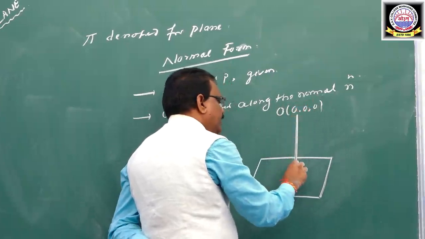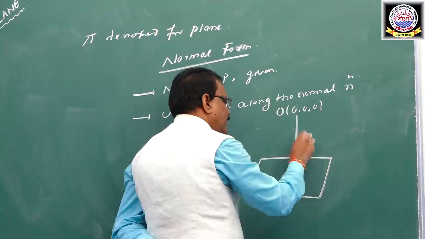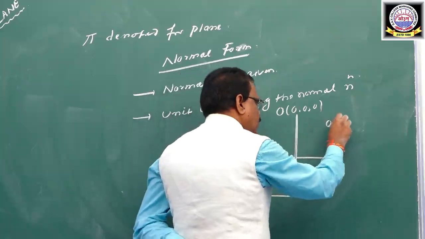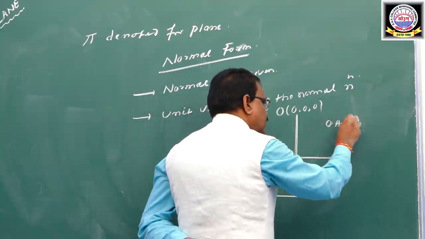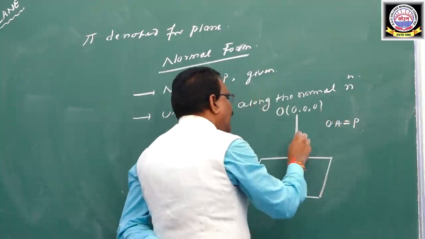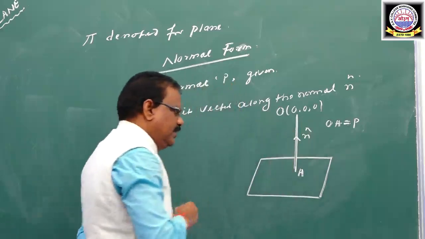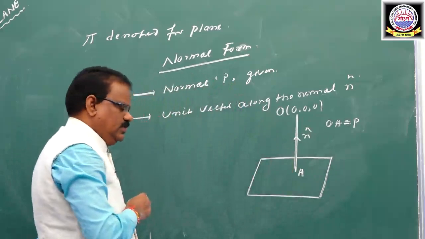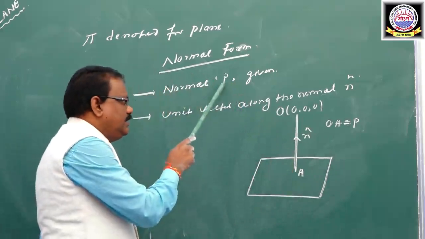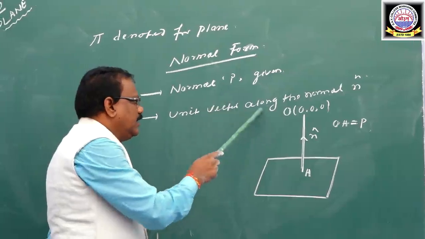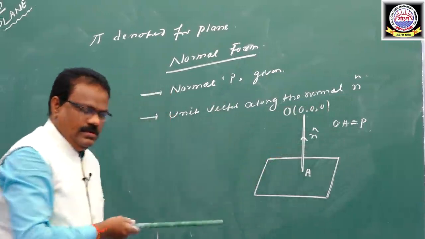The distance of the plane from the origin, say OA. So obviously the OA distance is P, because that is called the normal. And along this, n cap is given, the unit vector along this. So once again, the given are the normal P and the unit vector along the normal, n cap. P given, n cap given.